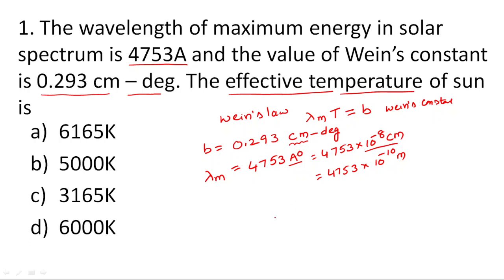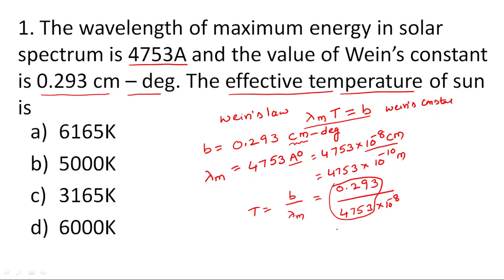Now we have to find out the temperature of the sun. From this equation, T is equal to simply b by lambda m. So b is equal to 0.293 divided by lambda m, 4753 into 10 power of minus 8. If you solve these terms, we have 0.00006165 into 10 power 8.